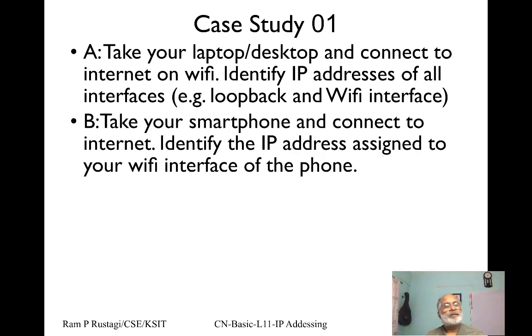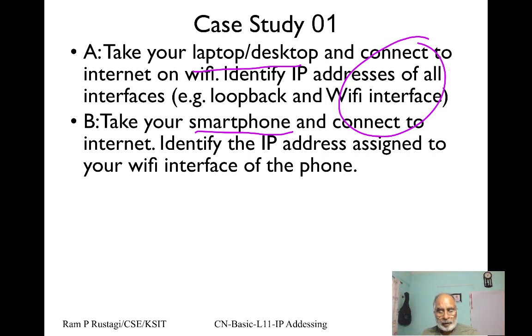Second exercise, just to know how this works: take your smartphone, connect to the internet, and again find the IP address of the Wi-Fi interface of the phone. Or connect your laptop and your smartphone to the same internet at your house or office, and see how the two addresses are different.